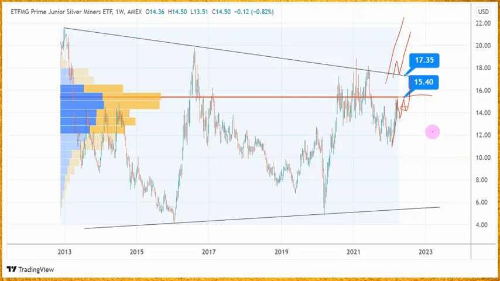But yeah, I'm looking positively at the precious metals and miners at the moment. I think the downside is relatively small, and the upside is asymmetrically large.